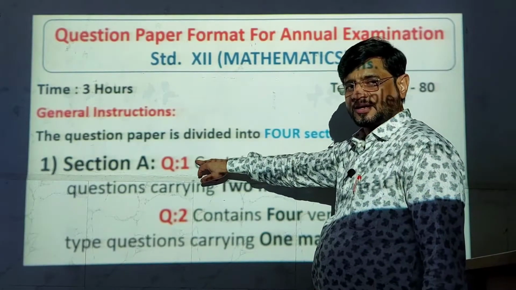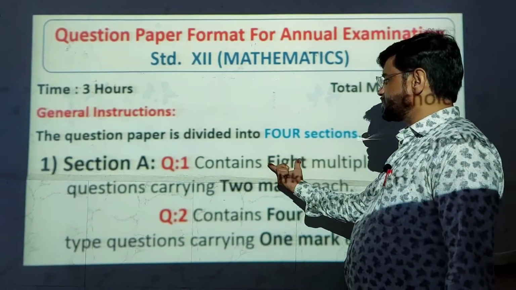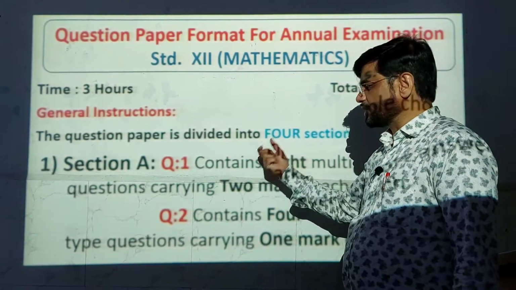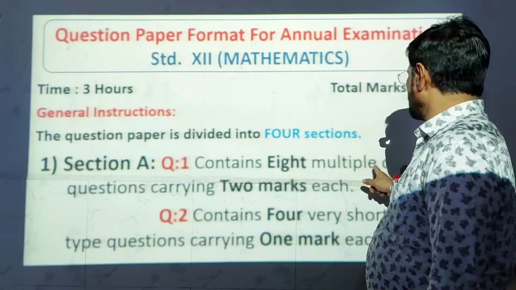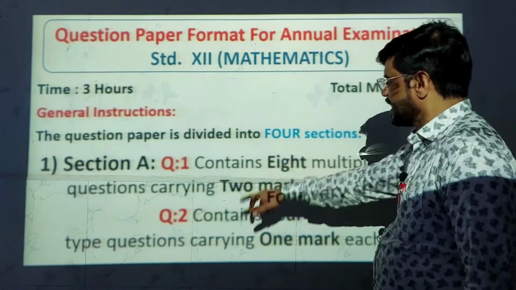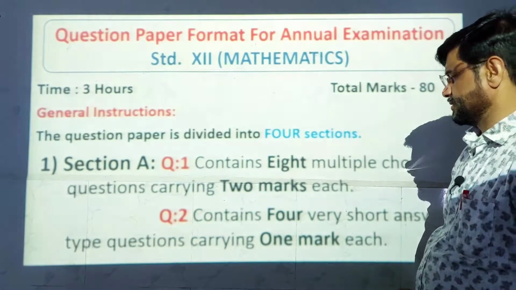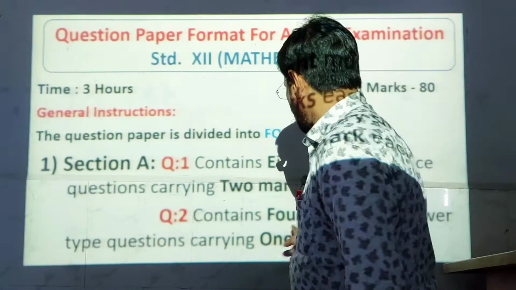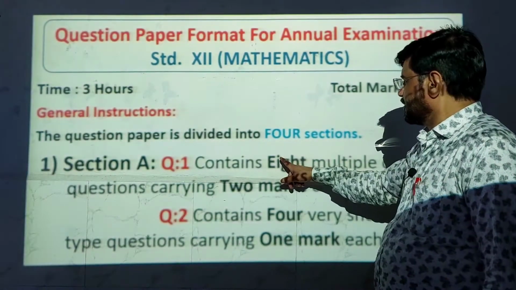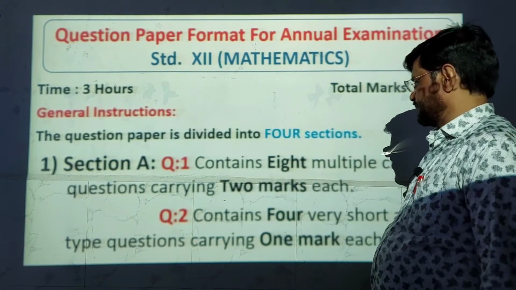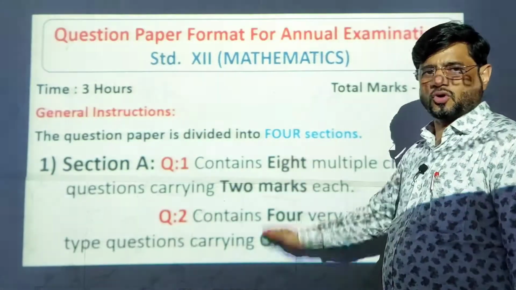This question is compulsory, which means 8 multiplied by 2, so this part has 16 marks. Question number 2 contains 4 very short answer questions carrying 1 mark each, and this part is also compulsory. There is no option for this, so 16 plus 4 is 20 marks. Here the 20 marks have no option.